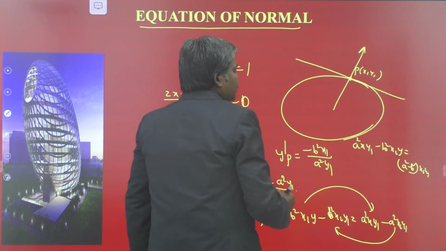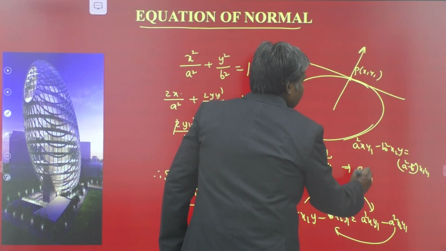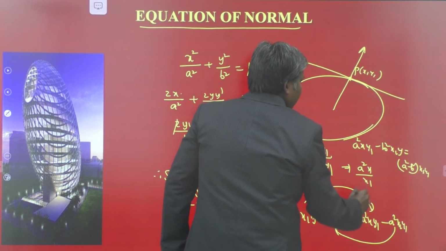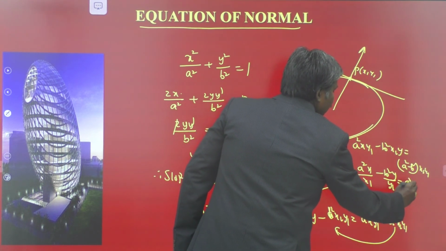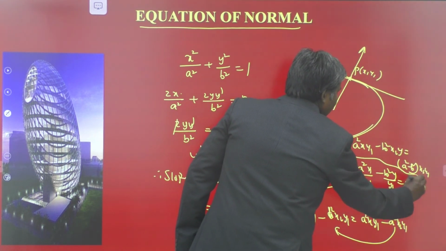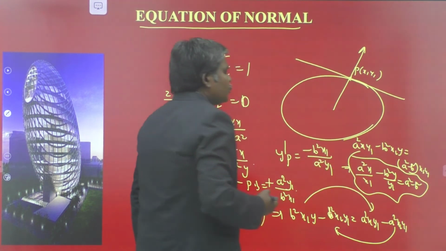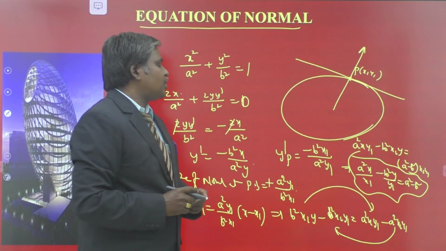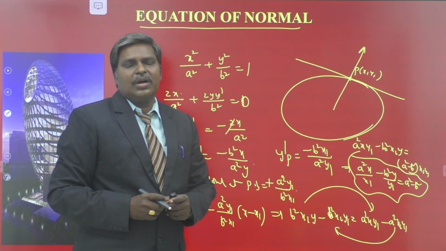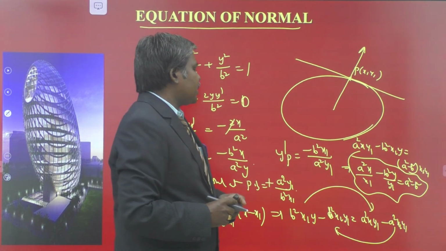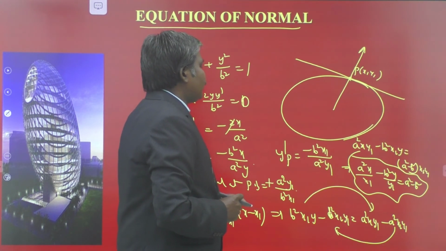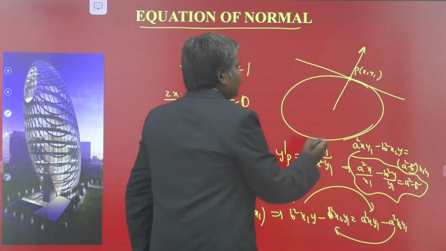Now dividing on both sides by x1 y1, we get a square x by x1 minus b square y by y1 is equal to a square minus b square. So we have the equation of normal at x1 comma y1 to the ellipse, that is a square x by x1 minus b square y by y1 is equal to a square minus b square.